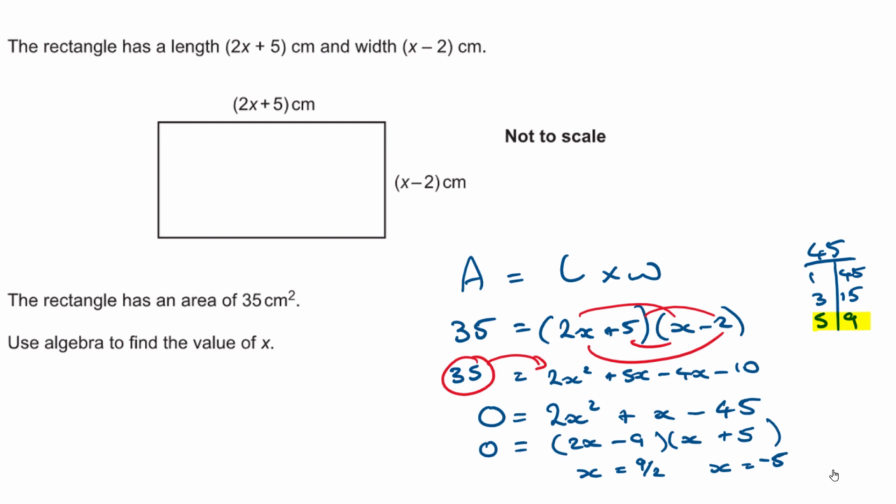Because if x was minus 5, then up here, look, I would get 2 lots of minus 5, minus 10 plus 5, which is a negative number, and I can't have a rectangle with a negative value in reality, so that one is not a solution. Okay, it's a solution to my quadratic, but it's not a solution to this problem. So I'm just going to ignore that one. I'm instead going to use the x equals 9 over 2 or 4.5. Okay, so x is 4.5.